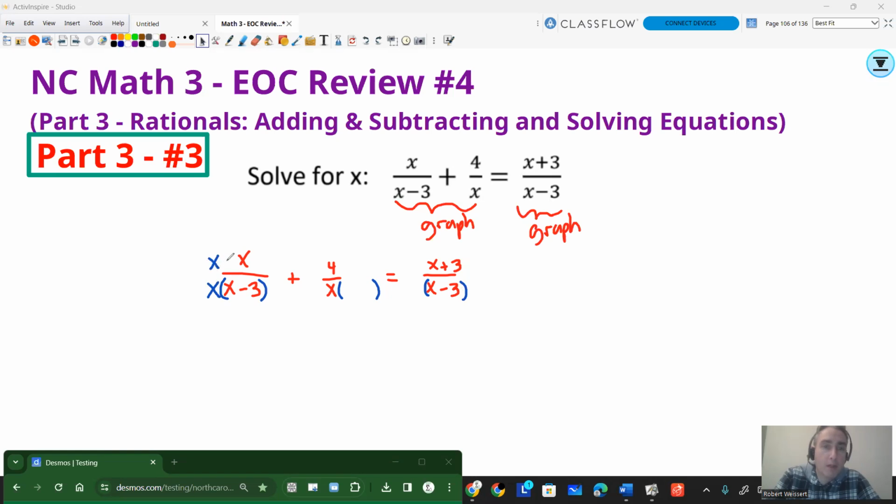And when you write it on one part of the fraction, you write it on the other part. So this is going to be X times X here as well to get those X's to be equivalent to 1. Over here, I need the X minus 3. So I'm going to copy that, and I'm going to copy X minus 3 next to 4. And just like that first fraction, I'm going to need an X on the numerator and the denominator to get those common denominators. From there, I'll have another numerator that I can solve.